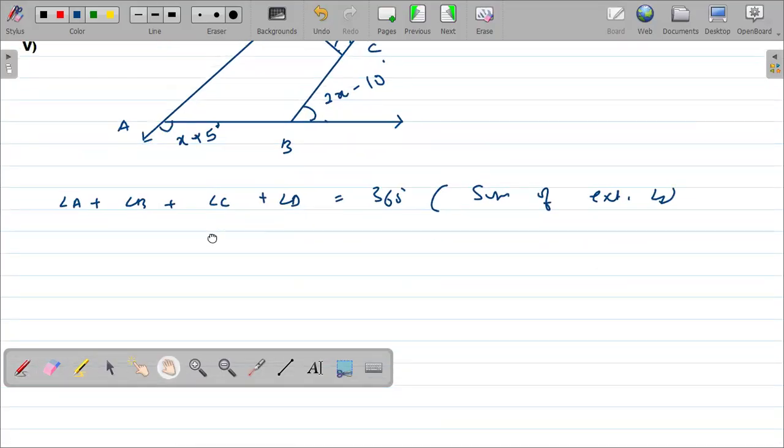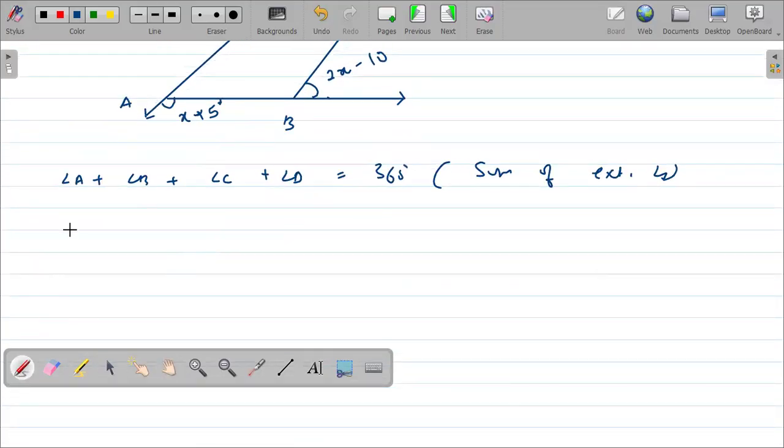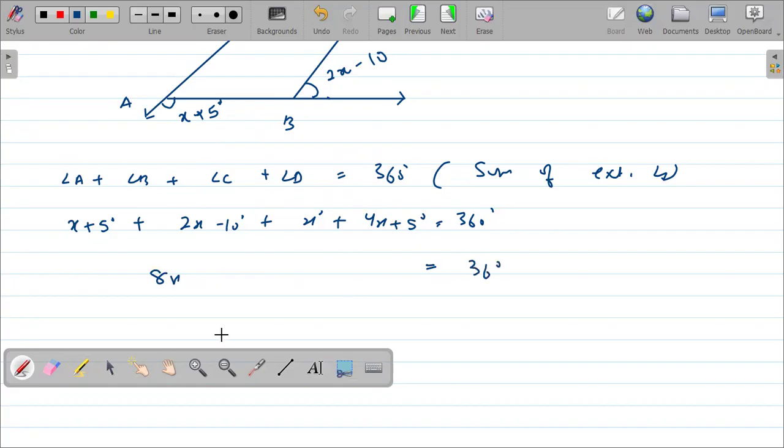So in our next step, we'll be writing X plus 5 degree, 2X minus 10 degree, X degree, 4X plus 5 degree equals 360 degree. 8X equal to 360 degree, X equal to 360 degree by 8, 45 degree. So the measurement of angle X would be 45.